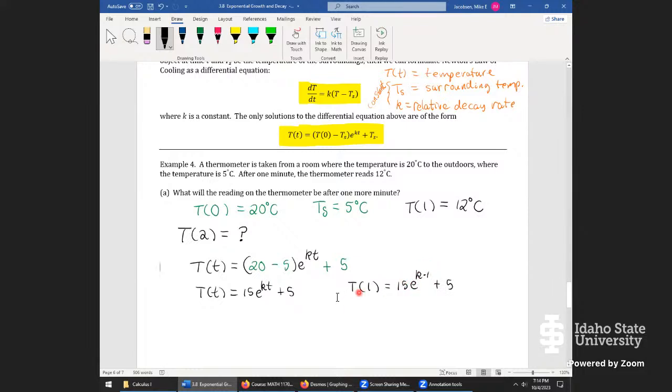So the right-hand side is just the outputs to this function. Our left-hand side, temperature at 1 minute, we can throw in those 12 degrees right here. That means we have an equation on the table. 12 degrees is now equal to 15 e to the k plus 5. From here, we can solve for the k value. We'll plug it in right here once we have it.